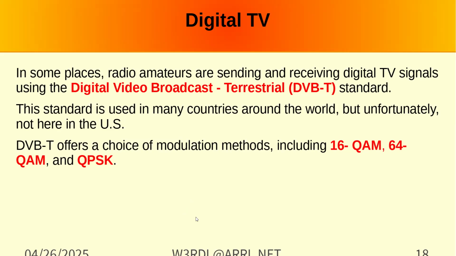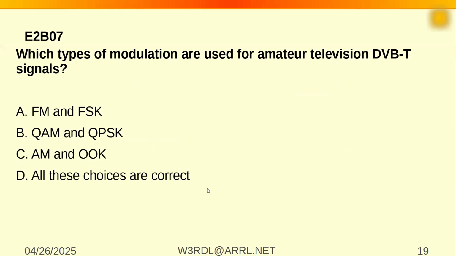Well, true, but it's 90, 180, 270. Correct. Which types of modulation are used for amateur television DVB-T signals?